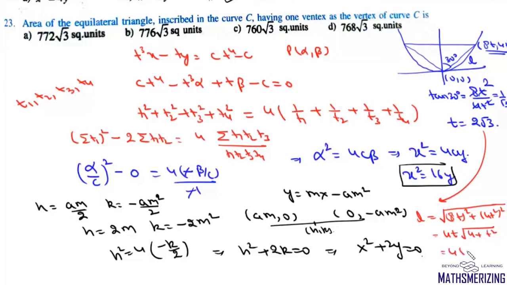So it'll be 4, t is 2 root 3, and here it is 4 plus 12, which is 16. Now this is 8, 8 into 4 is 32. So it'll be 32 root 3. Now once we have this L, we can write area of this equilateral triangle. So area of equilateral triangle is root 3 by 4 into L square. So it'll be root 3 by 4, and L square is 32 root 3 whole square, which is 768 root 3 square units, and that's your option D.